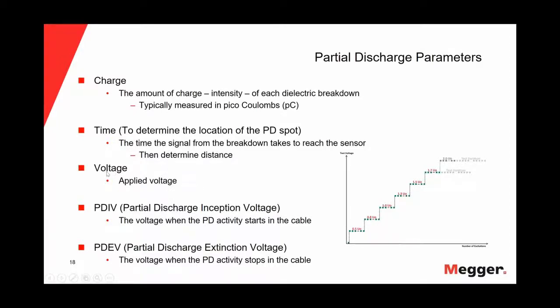For that reason, it's important to see the relation between the applied voltage and the level of the partial discharge. Also very important is the partial discharge inception voltage, that is the voltage when the PD activity starts in the cable, and the partial discharge extinction voltage, that is the voltage when the PD activity stops in the cable.